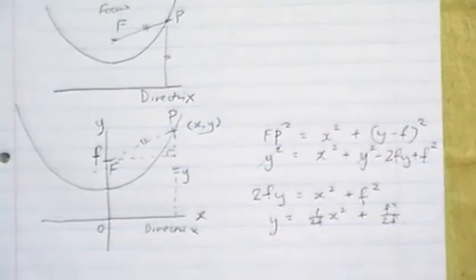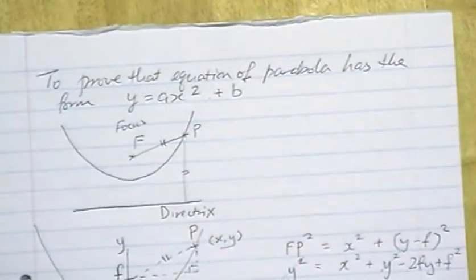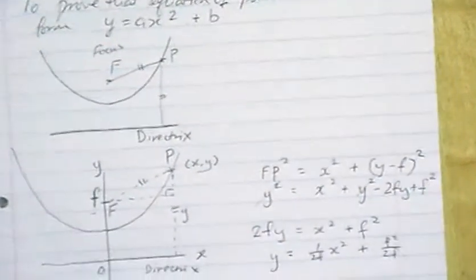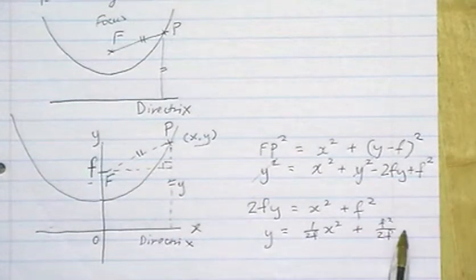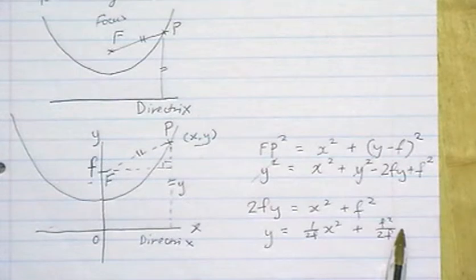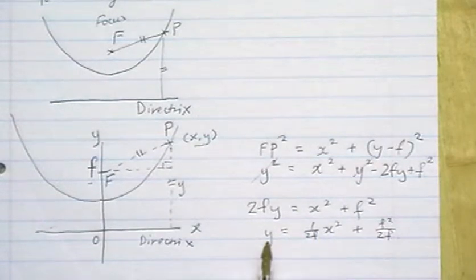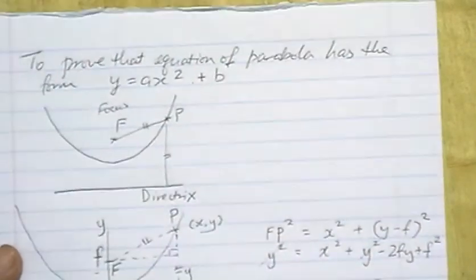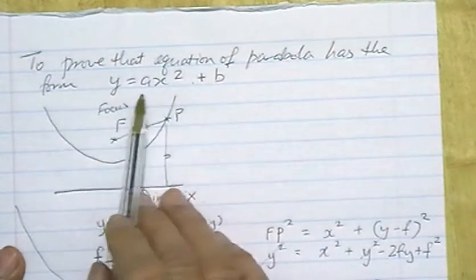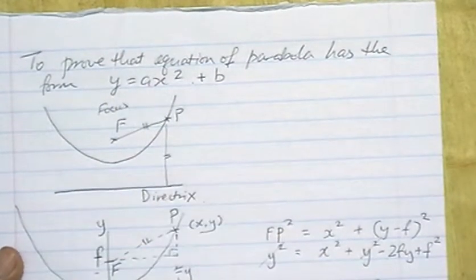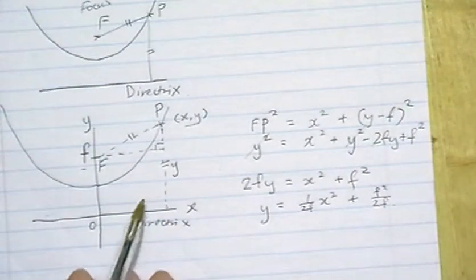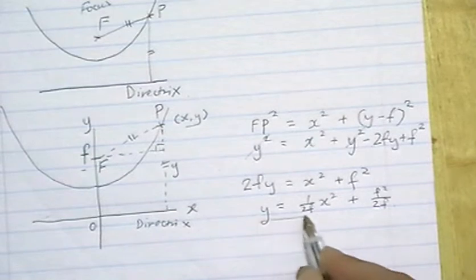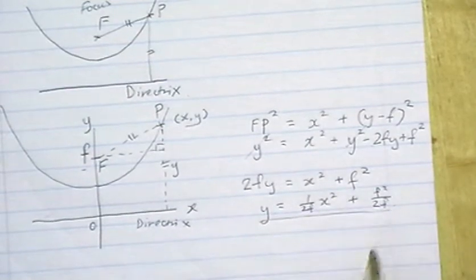So now we have the parabola in the more familiar form, containing x squared plus some constants on one side and y on the other side, in this form that I tried to prove. So this is how the definition of parabola leads to this familiar form, the x squared form of the equation.